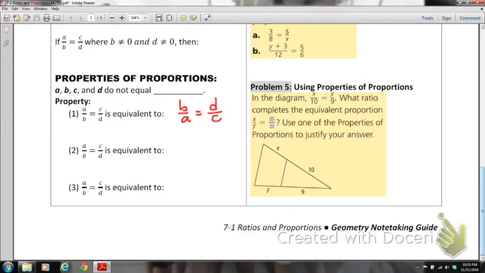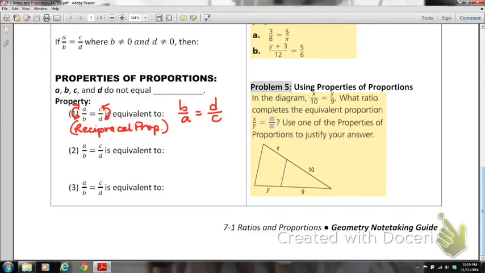This property, you simply take the reciprocal of both sides. So we'll call this one the reciprocal property of proportions.